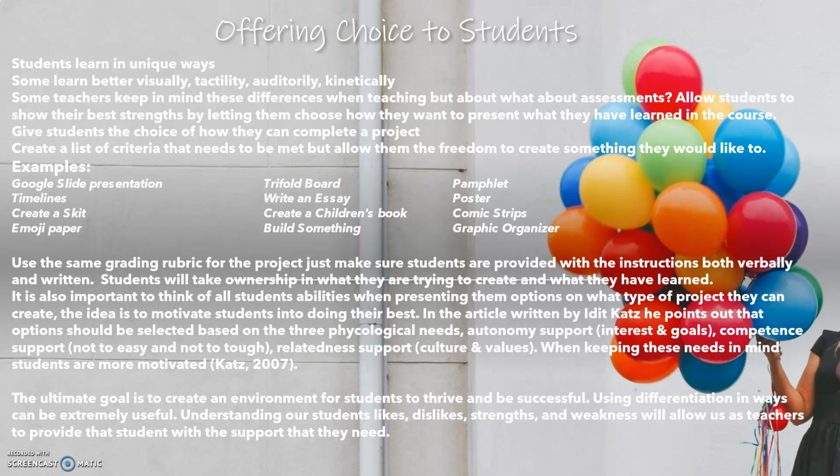Now, you don't have to use all of these examples. You can narrow it down to 4 different options that they can choose depending on grade level. The ultimate goal is to create an environment for students to thrive and be successful. Using differentiation in ways can be extremely useful. Understanding our students' likes, dislikes, strengths, and weaknesses will allow us as teachers to provide the student with the support that they need.